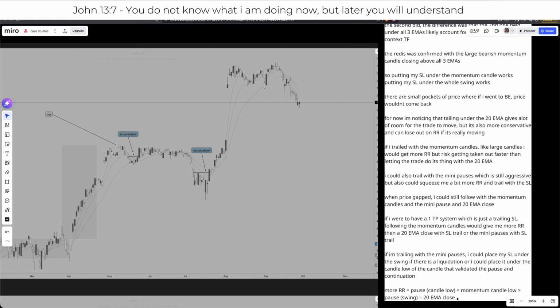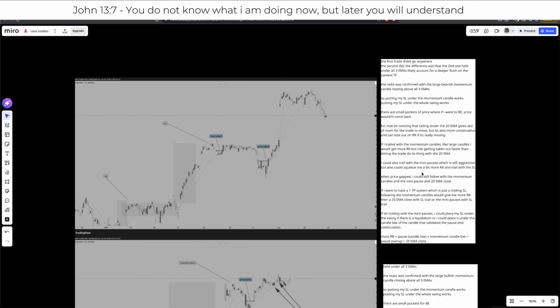The 20 EMA close right here would give me the worst RR. The pause candle low would give me the most, along with the momentum candle. But the pause swing would be a lot less than the momentum candle low, which would be right there, but would be greater than the 20 EMA close.